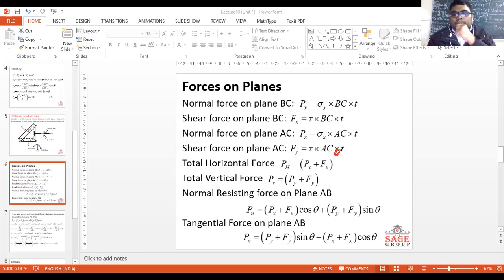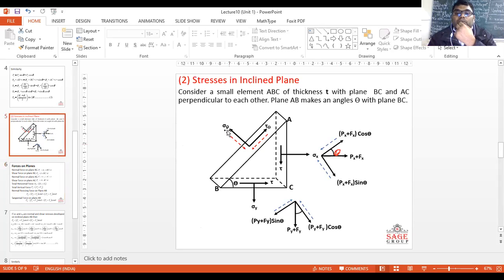And you will get this value. All the normal forces, and you can see which force is the normal resisting force on AB, this one.